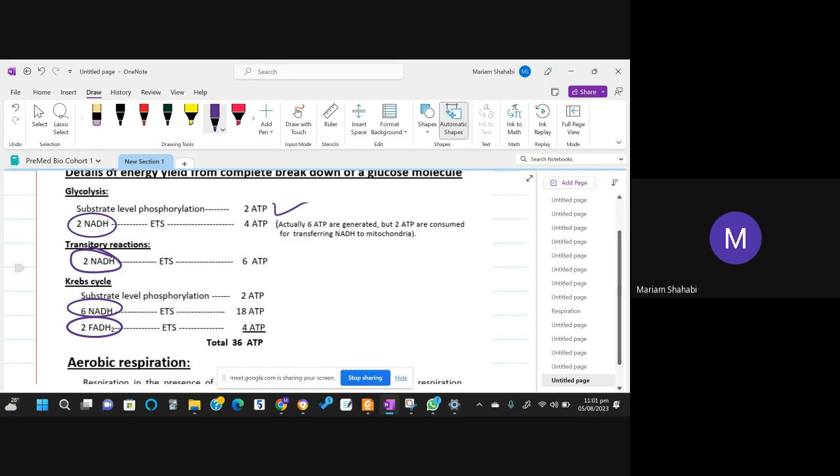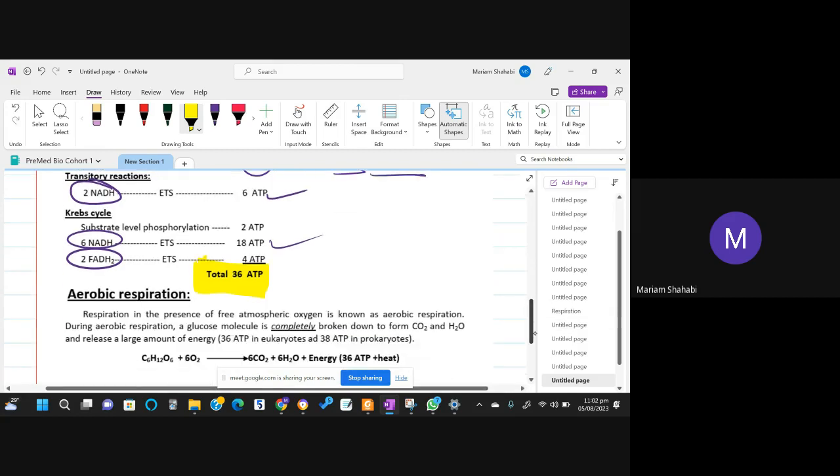Yeah, now we know that from one NADH we should get 3 ATP, right? And according to this it should be 6. 6 are generated, but 2 of these are consumed when we are transferring the NADH to the mitochondria. The NADH formed in glycolysis cost 2 ATP just to transfer to the mitochondria, which is why this says 4 ATPs. Okay. And then from here 6 ATPs were made in the electron transport chain when NADH went in, and here we got 18 ATPs, and if you do the math it amounts to a total of 36. Sometimes it is said 38, but 36 is the correct number.